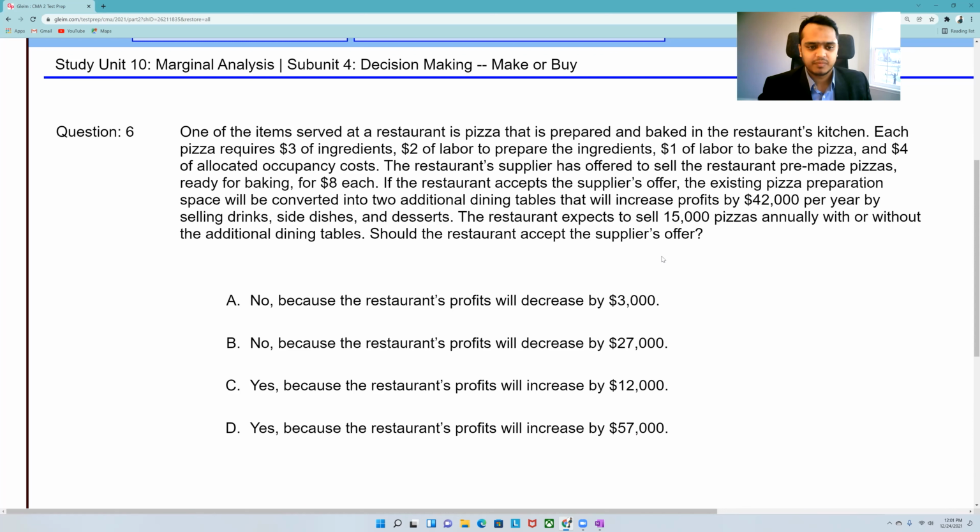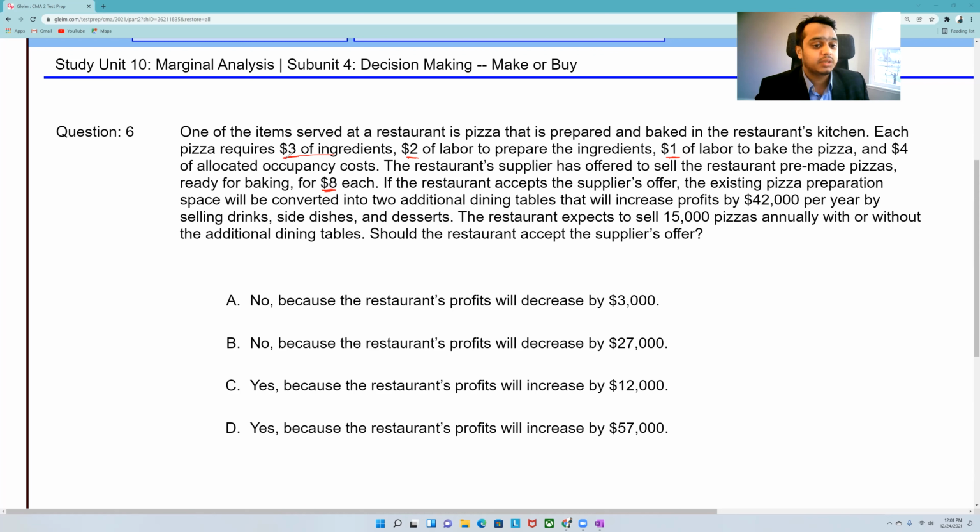Let us just see. Here, how much is it? This is $3, this is $2, this is $1, and $4 is the occupancy cost. And what did he say he is ready with? $8. $8 is the cost at which you can get it from them.